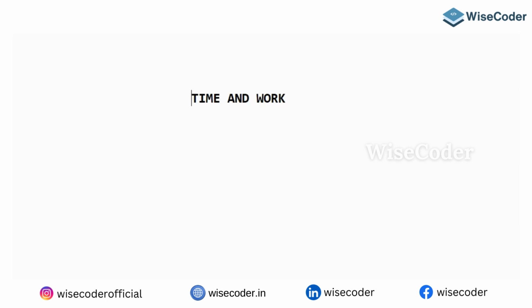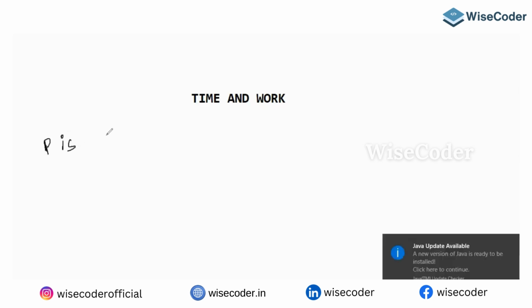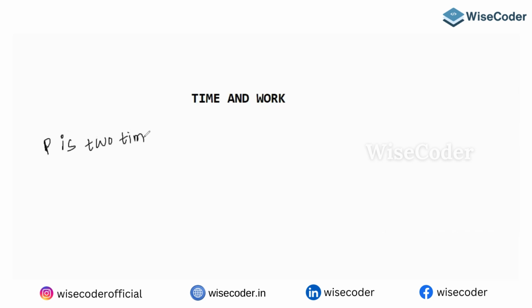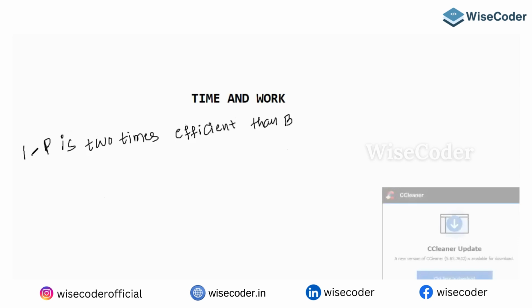Okay, so we'll start by understanding a few things here. Let's say if I tell you P is 2 times efficient than B. Guys, you need to understand first.